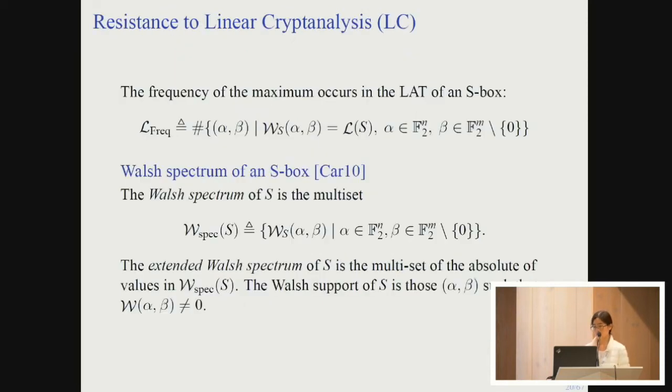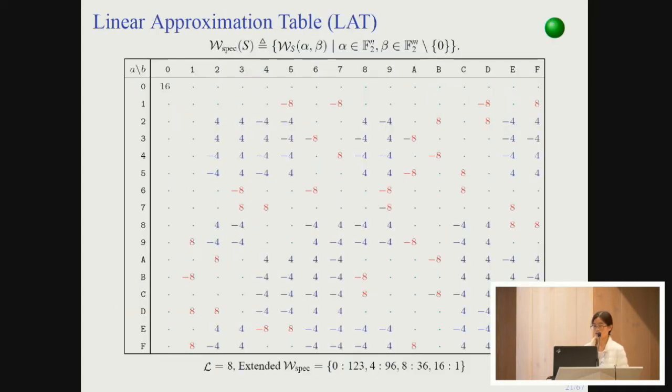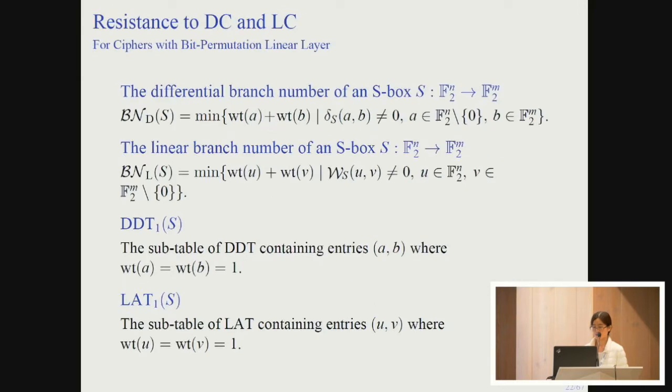Again, the frequency of the maximum in this table and the whole Walsh spectrum can also provide a distinction between S-boxes with the same linearity. So given an S-box, Pagan will evaluate the Walsh spectrum.